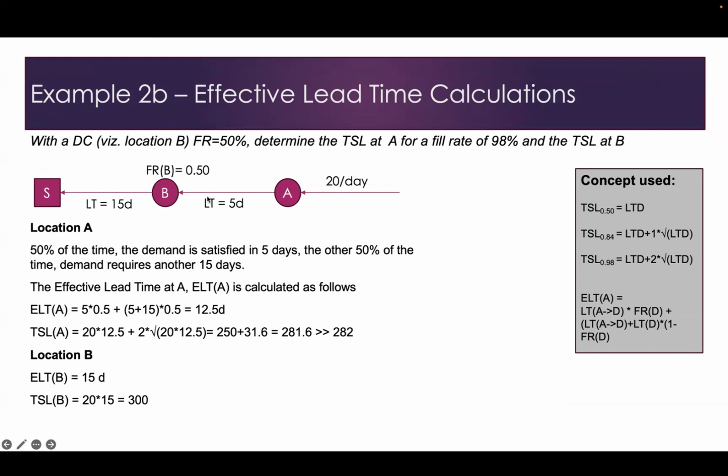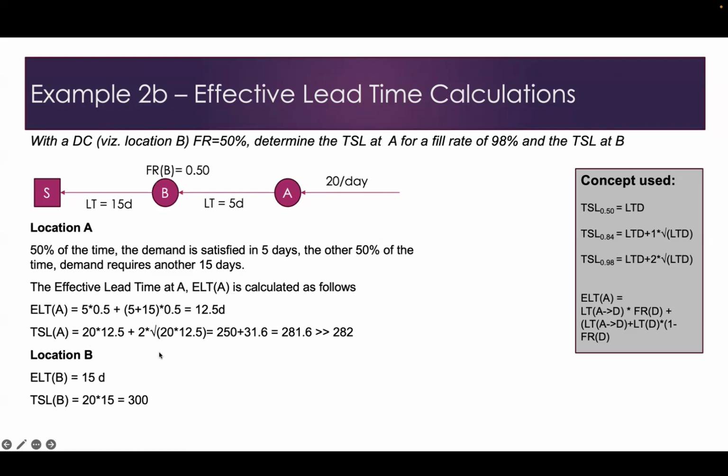So from A, 50% of the time, I get it in 5 days. 50% of the time, I have to wait 15 days plus another 5 days, because 50% of the time, B is not going to have it. Okay, got it. That was not the case of fill rate 100%; this is the case of fill rate 50%. I got it. Thank you so much. Understood.